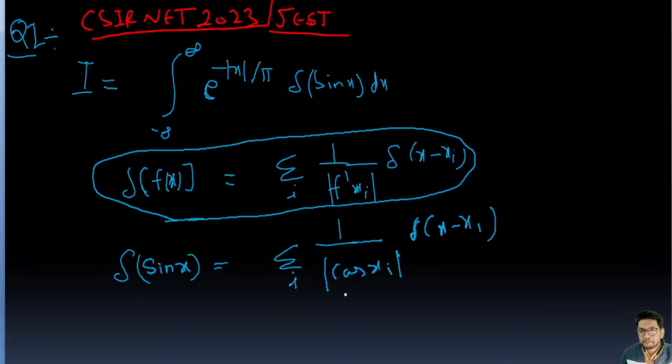So we'll solve further. Delta sin x is going to be the sum over i of 1 upon mod cos xi, times delta x minus xi.